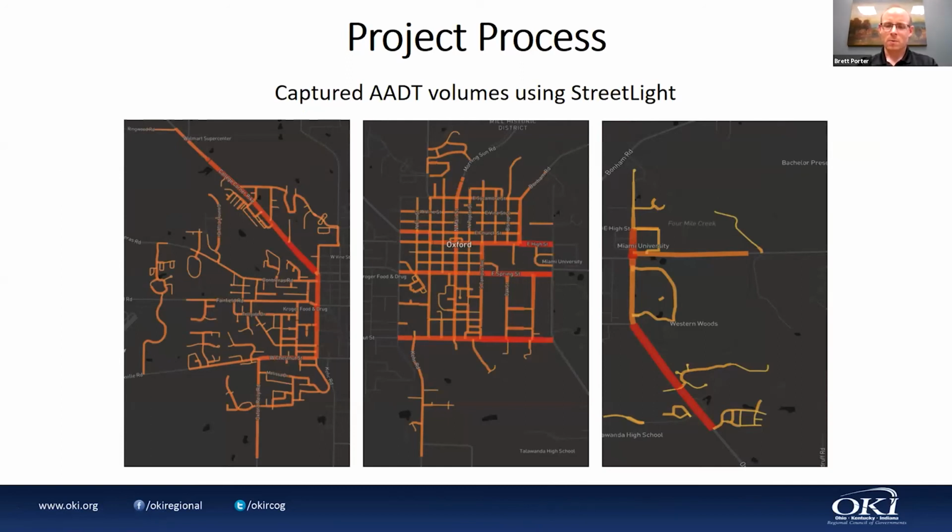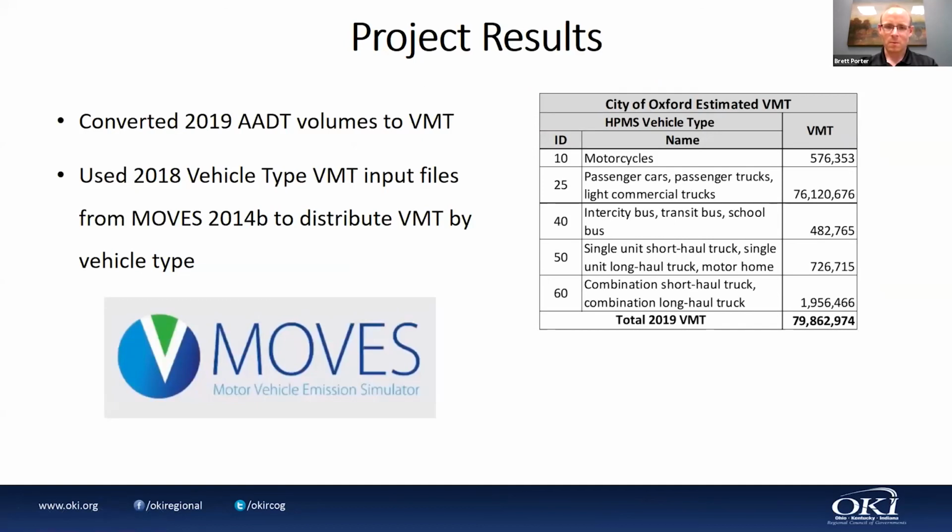I wasn't able to figure out how to do that in StreetLight, if that even is an option, because that would have probably saved some time for me in the long run, instead of selecting each road segment individually. So that's something I'm curious to get some feedback on.